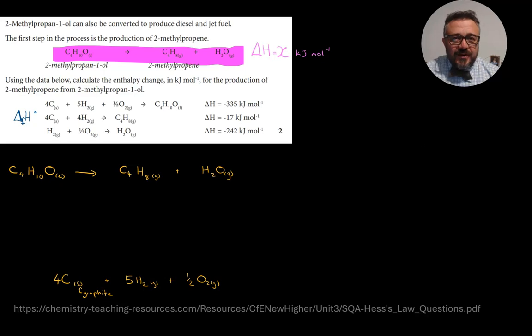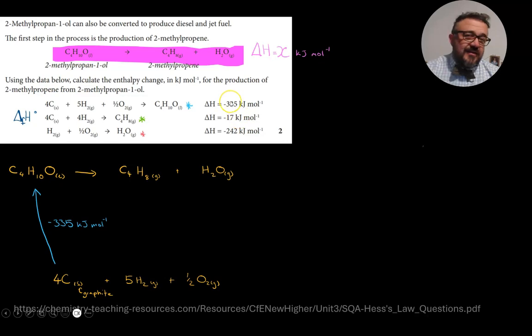So as we get ready to do this cycle, let's have a look. We know that we're going enthalpies of formation. So let's actually label these. We've got a little blue star, green star, and a red star, or pink star, I suppose. Our first one, we take it straight from it, minus 335 kilojoules per mole.